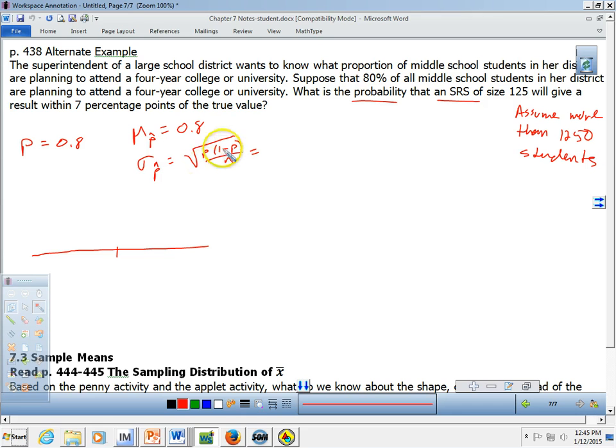So then we can go ahead and do this calculation. We take 0.8 times 0.2 and divide it by 125.